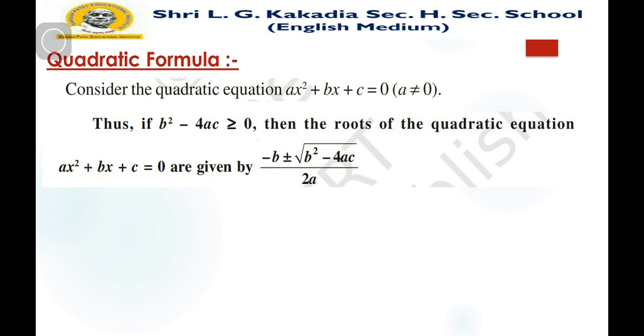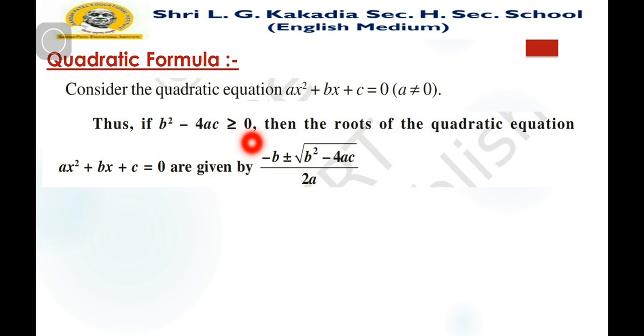For that, we take the value b square minus 4ac. We find the value of b square minus 4ac, and its value must be greater than or equal to 0.